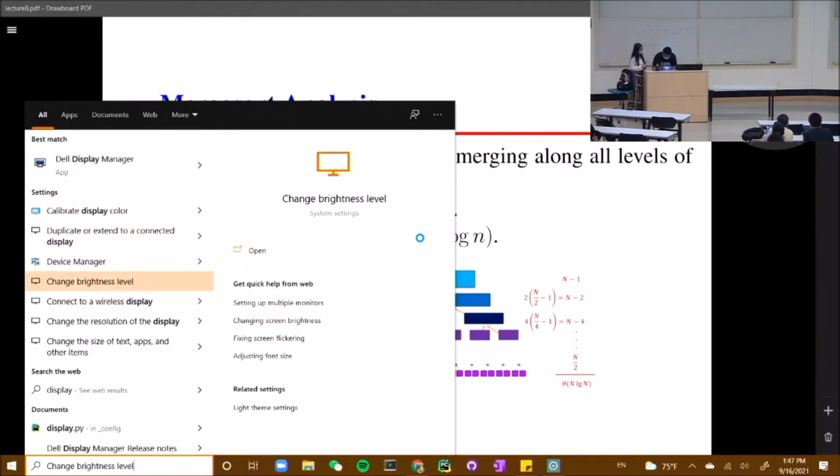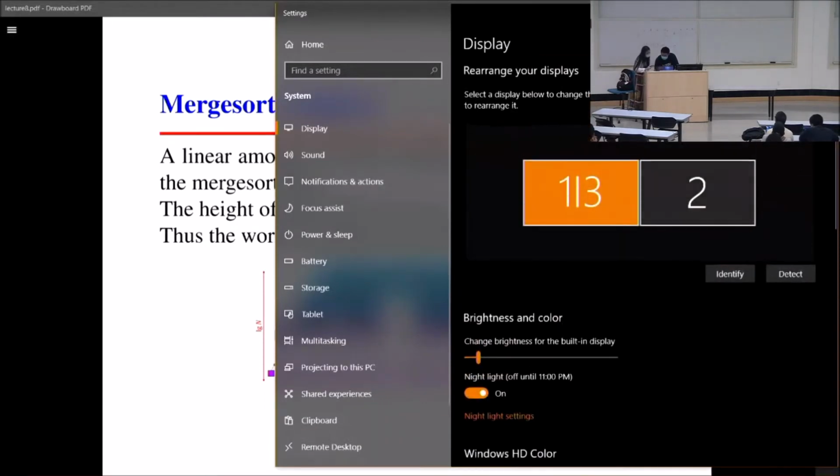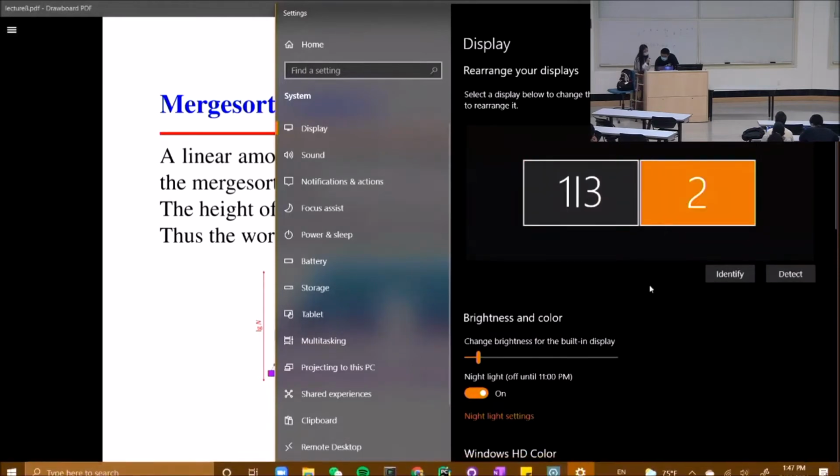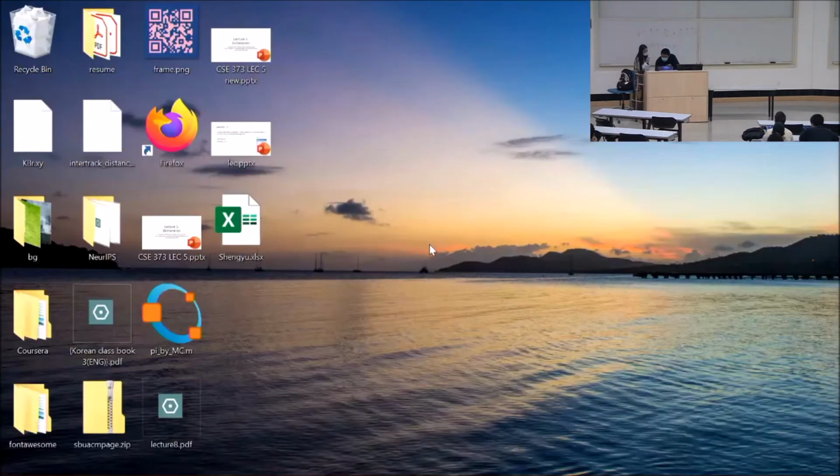Multiple displays. There we go. Should in theory work.